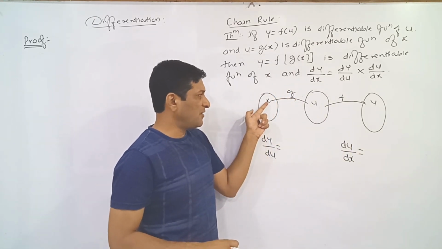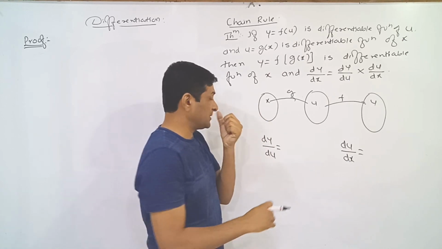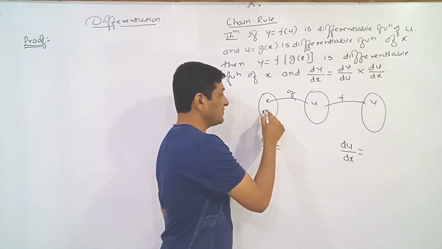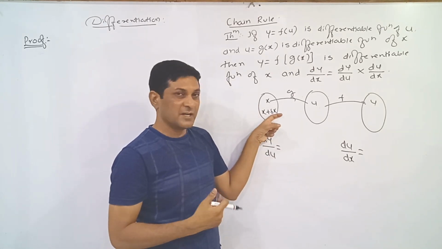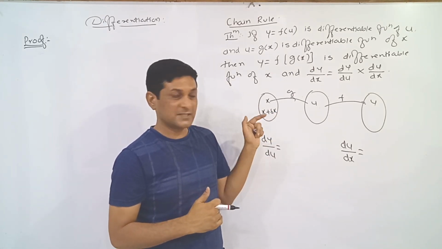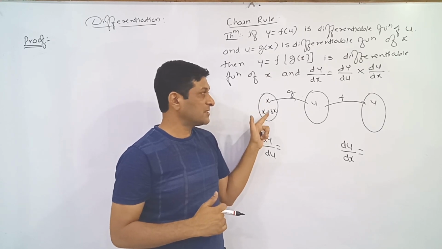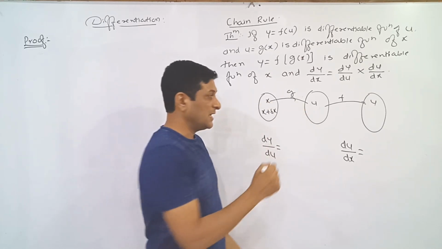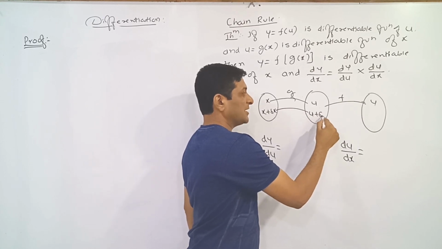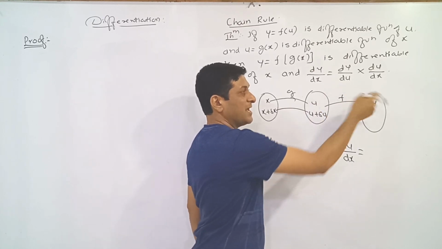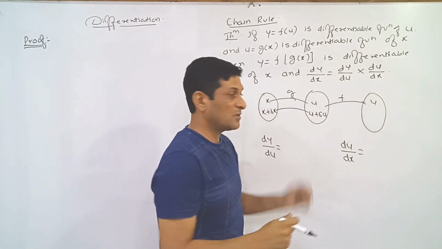Now, if the value of x changes, let us denote the increment in the value of x by delta x. As the value of x changes, value of u also changes. Let us denote the corresponding change in the value of u by delta u. If u changes, then y also changes because y is a function of u.